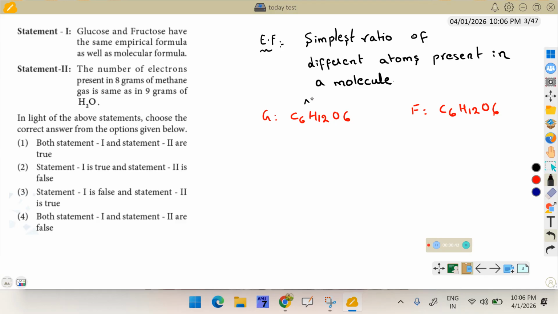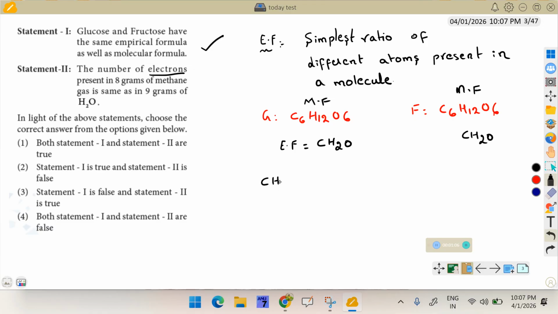Molecular formula remains the same. Empirical formula is CH2O, the simplest ratio of different atoms. Statement 1 correct.